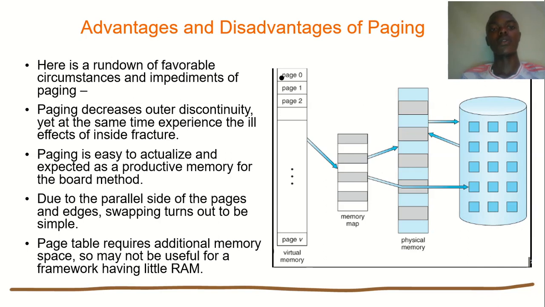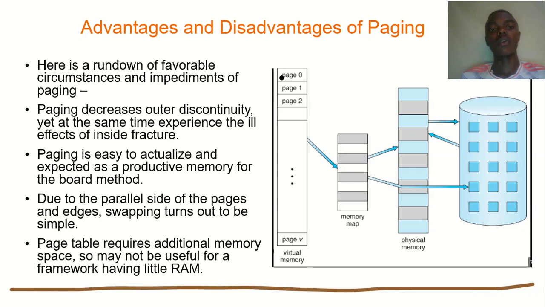Paging is easy to implement and is regarded as an efficient memory management method. Due to the binary nature of the pages and frames, swapping turns out to be simple. Swapping and paging work hand in hand.